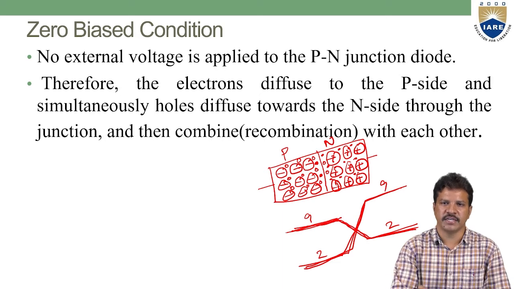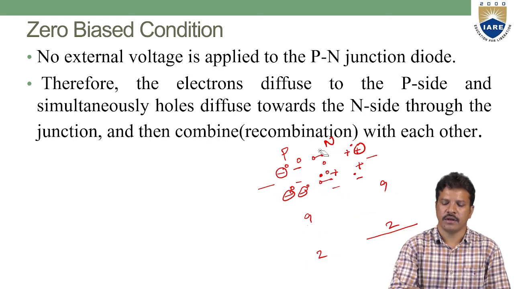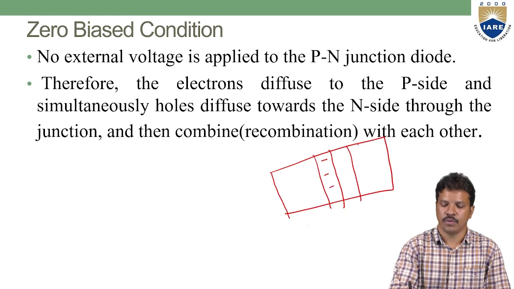When recombination takes place, what happens? This hole combines with this electron, this hole combines with this electron, this hole combines with this electron. When recombination takes place, the hole is filled with an electron, so the acceptor atom receives one electron and becomes a negative ion, and the positive donor on the n side donates one electron and becomes a positive ion, so the resultant figure will be like this: negative and positive ions.